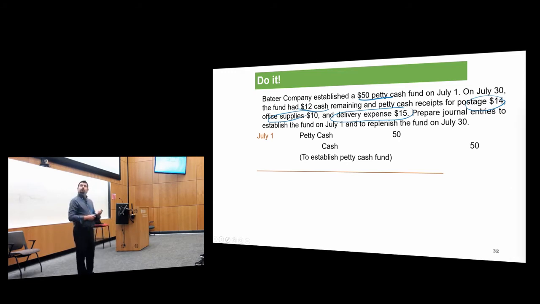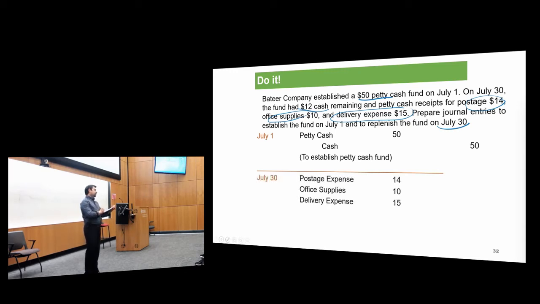And then the account is to be replenished on July 30th. So the journal entry on July 30th is to replenish the petty cash fund to $50. How do you replenish it? You start by listing the expenses. What expenses do we have here? Postage, 14, office supplies, 10, and delivery expense, 15.